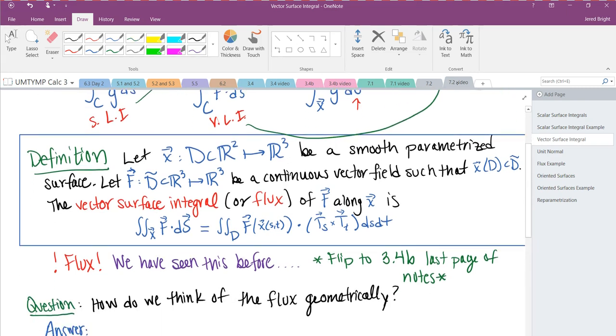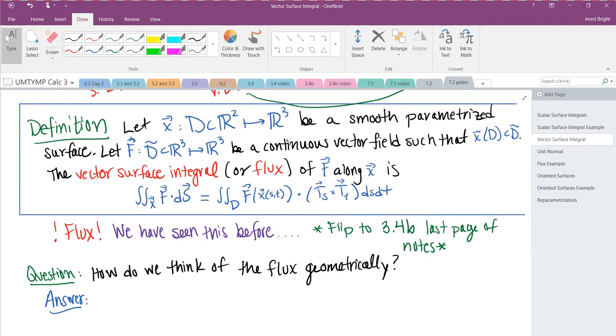So geometrically, how should we think of flux? Well, it's just a measure. Let's get this down.